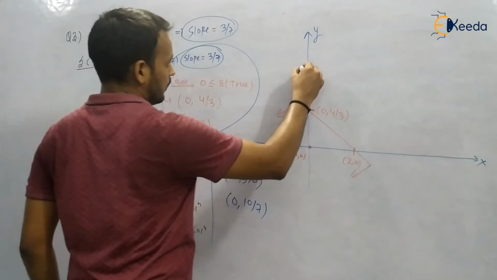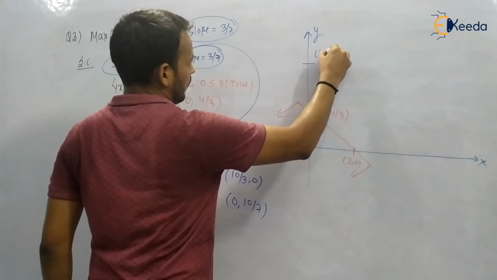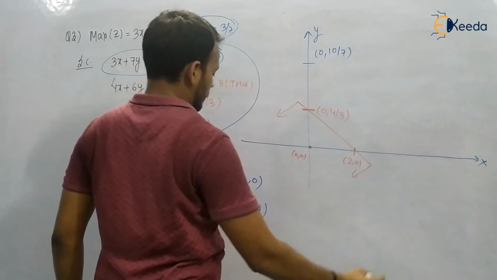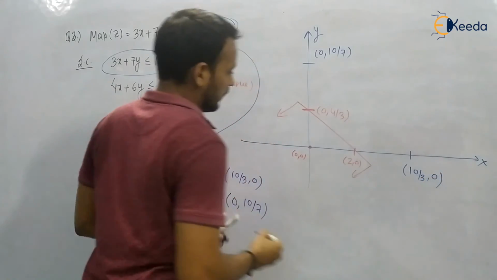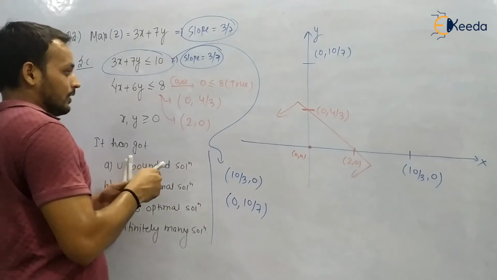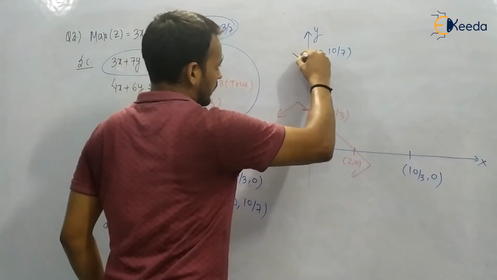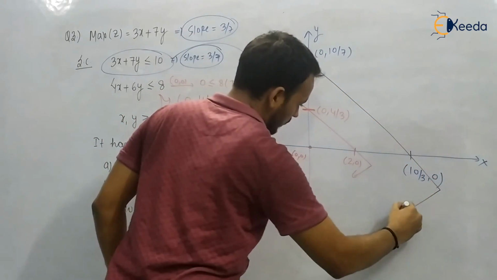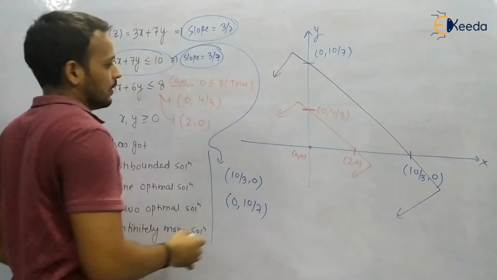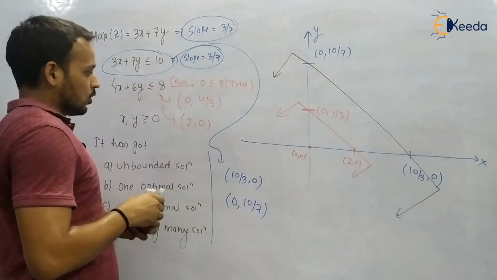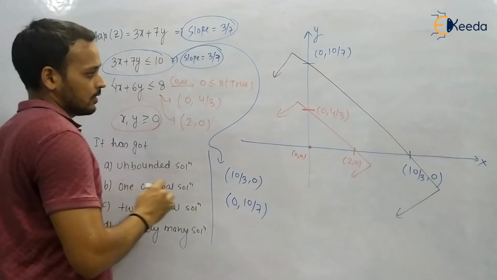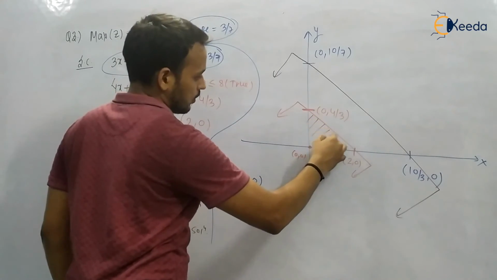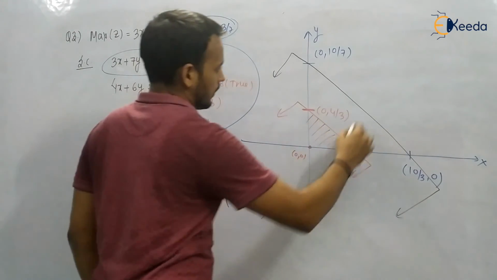So the points are 0, 10/7 and 10/3, 0, and it is of less than or equal to type, so it is shaded towards the origin. You have to restrict yourself to the first quadrant, the non-negative restriction. So the feasible region will be this one.